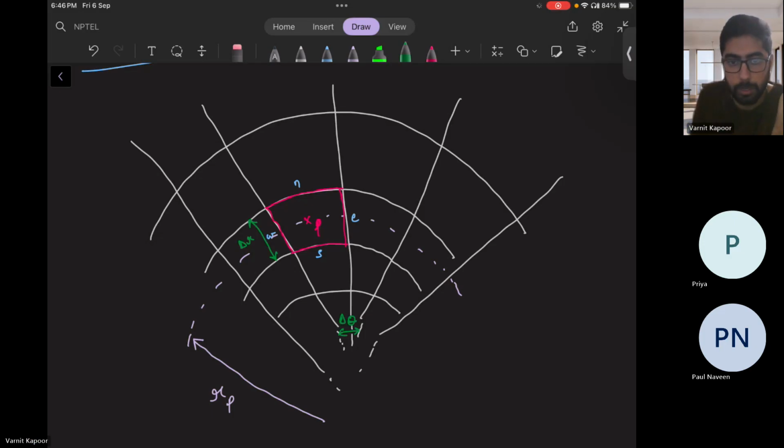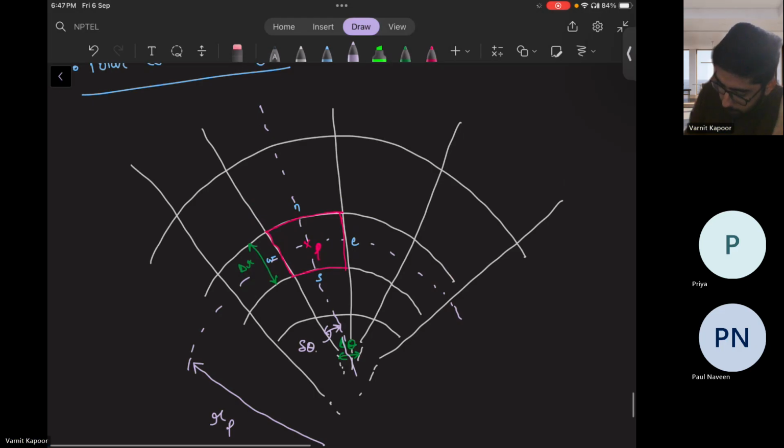Okay. So if a line is also passing from here in both r and theta directions, this much will be del theta west, and this will be del theta east.